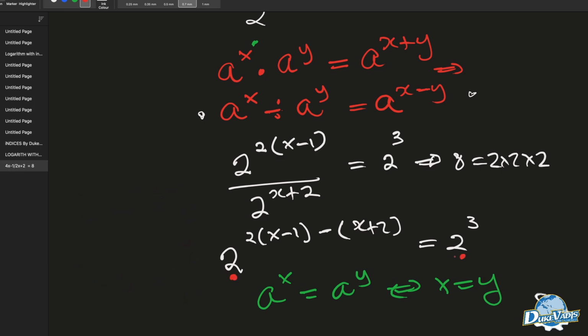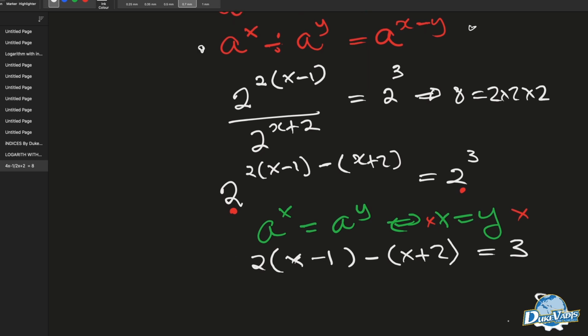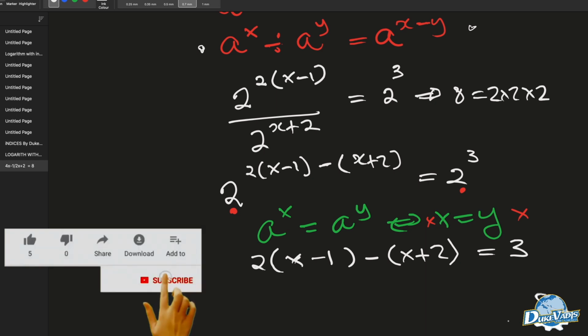Therefore, they are the same, so we can apply this. By so doing, we can see that 2 into bracket x minus 1 minus x plus 2 is equal to 3. So we have resolved the equation, breaking it down, getting rid of all the 2's.